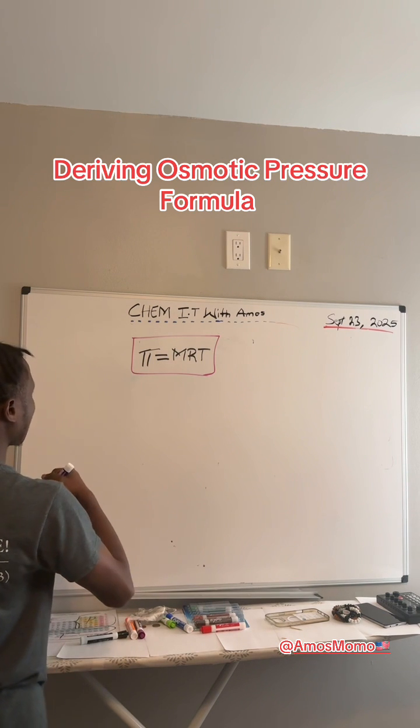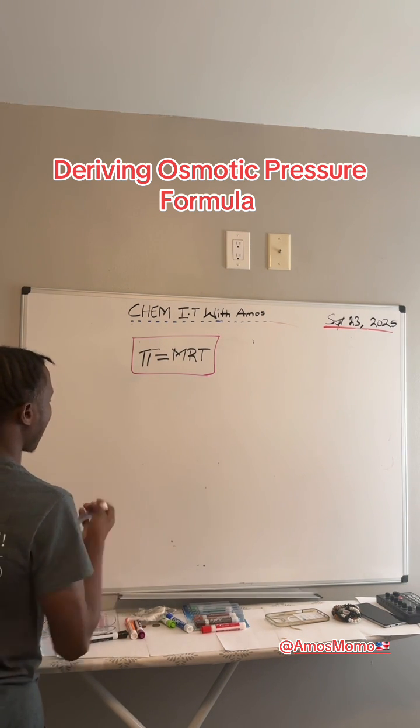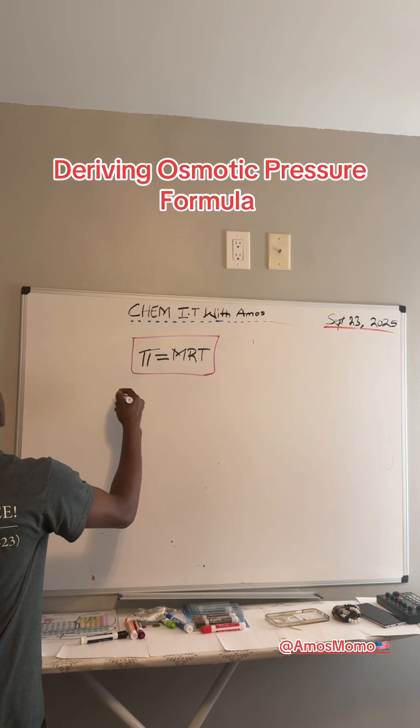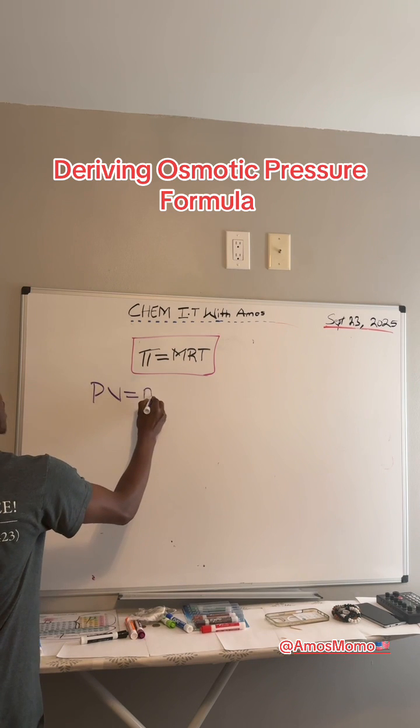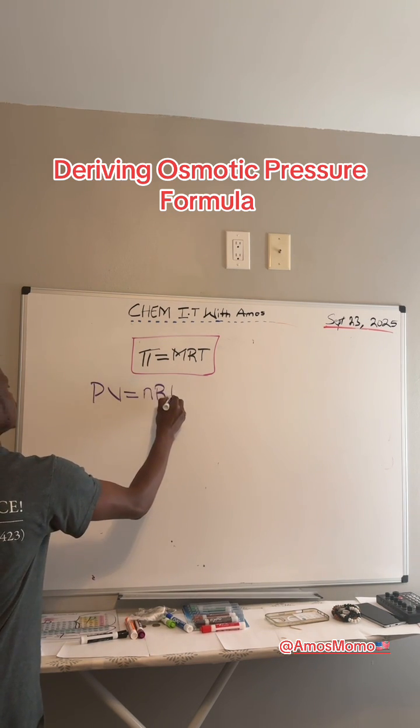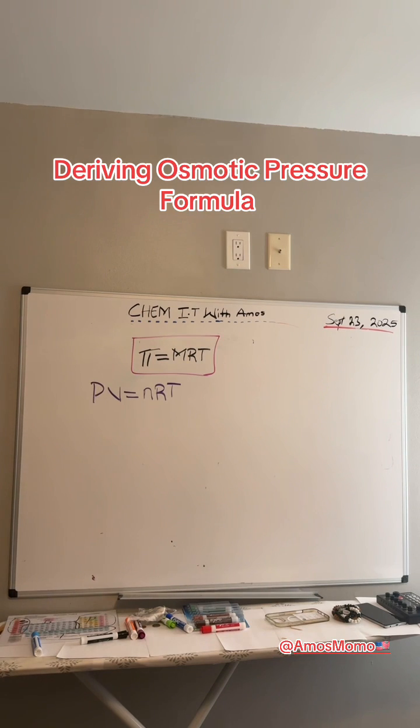So we can now write down the ideal gas equation, which says that PV is equal to nRT. PV is equal to nRT is the equation for the ideal gas. So P represents pressure, V is the volume, n is the mole, and R is the universal gas constant, wherein T is temperature in Kelvin.